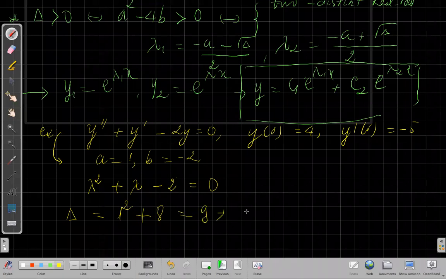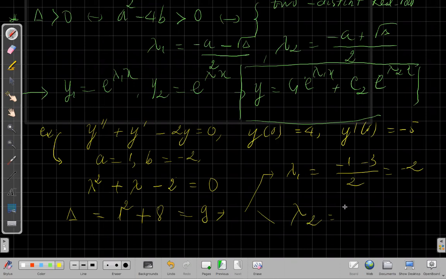So eventually we have lambda 1 equal to minus 1 minus 3 over 2, equal to minus 2, and lambda 2 equal to minus 1 plus 3 over 2, that means 1.